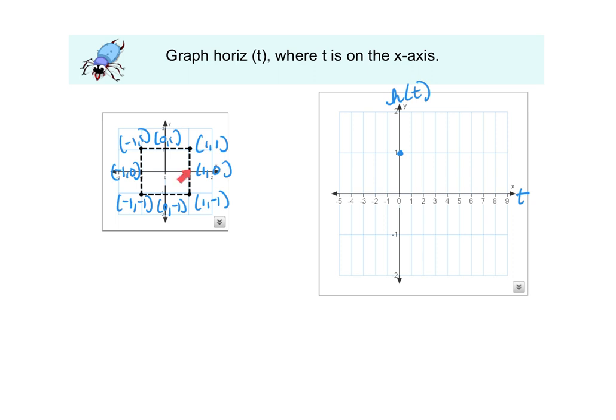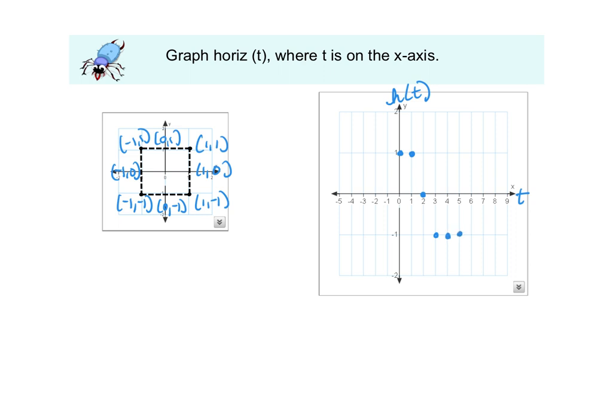So at time 1, my x-coordinate's still 1. I'm going to plot that. At time 2, my x-coordinate's 0. At time 3, my x-coordinate is negative 1. And then it stays negative 1 at 4 seconds and also 5 seconds.